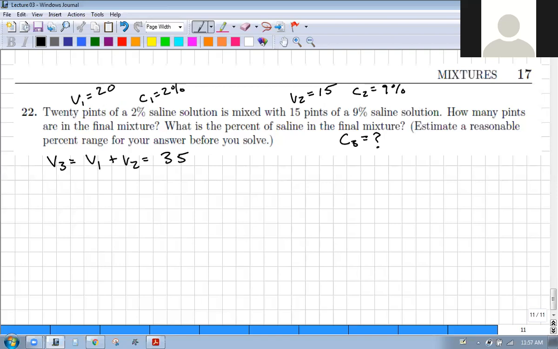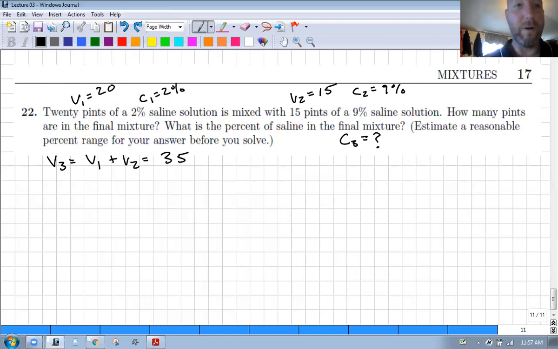If we had 20 pints of 9% and 15 pints of 9%, it would all be 9%. But since this is less than the 9%, that's going to make the saline concentration go down. So it's going to be less than 9, and it's going to be more than 2.